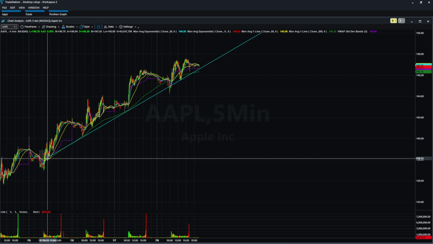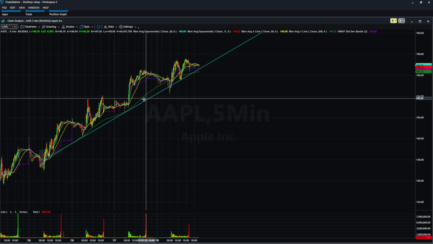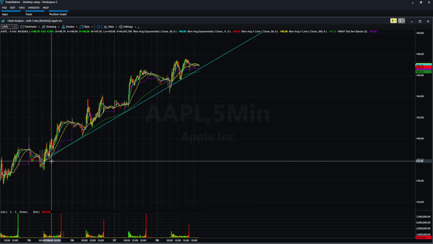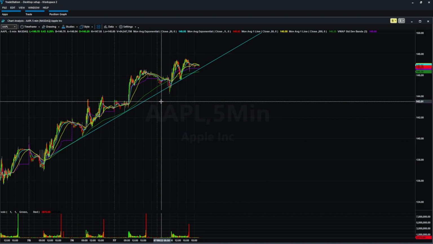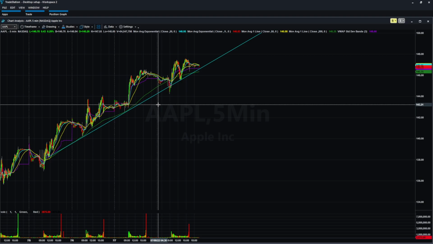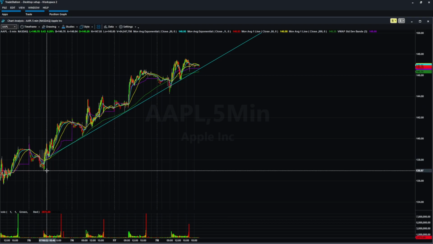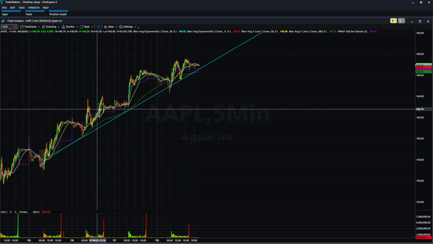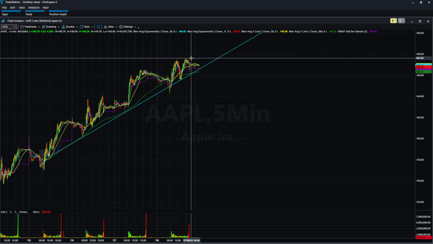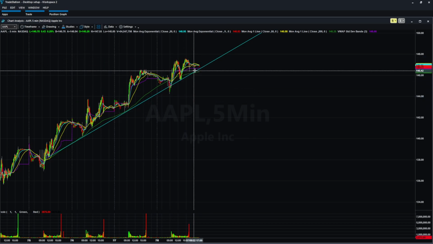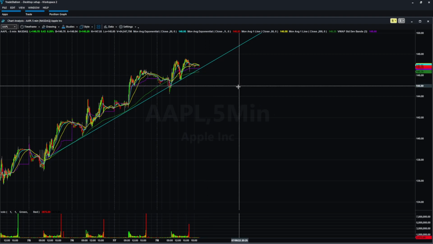So you just try to get it to where it makes the most sense, but you're not just making things up to make yourself feel better or to help your agenda, like, you think Apple's going to go up, so let's draw the most bullish possible trend line on it. Let's do things that actually make sense when you draw them, so you're not setting yourself up for failure.